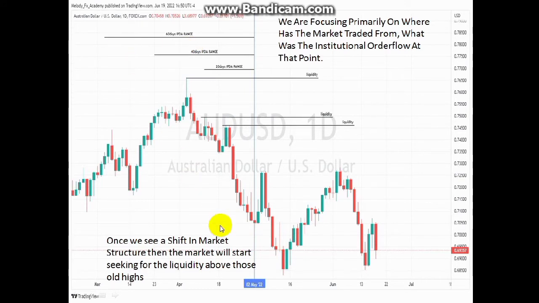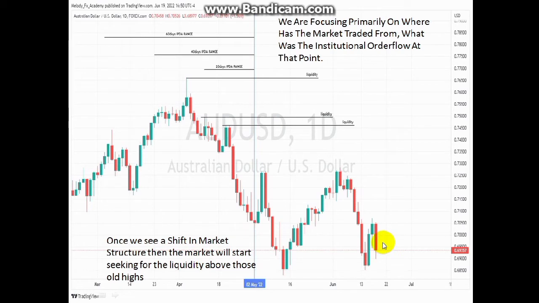So market structure, institutional order flow, can be said to be bearish in the last 60 trading days. Once we see the next market shift coming up in probably next month, which is the month of July, which is the second structure shift in the year, or is it the third, price is going to start seeking this liquidity. So what does this give us?